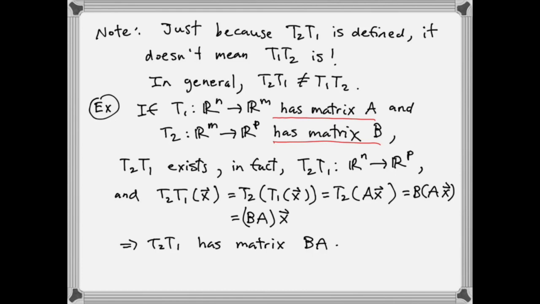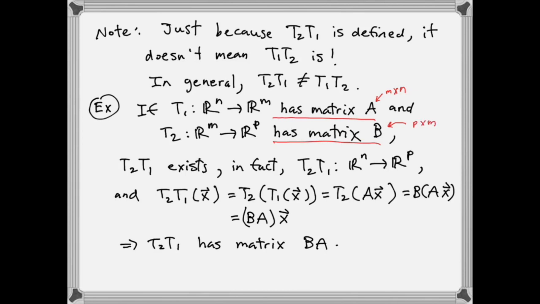And by the way, let's check the numbers here. If T1 goes from Rn to Rm, then that means A is an m by n matrix. And if T2 is going from Rm to Rp, then that means that B is a p by m matrix.